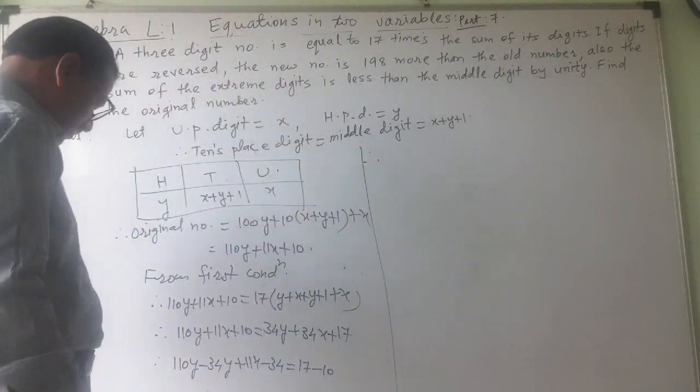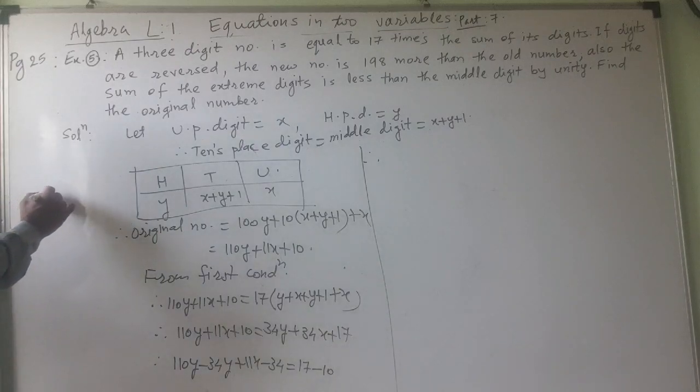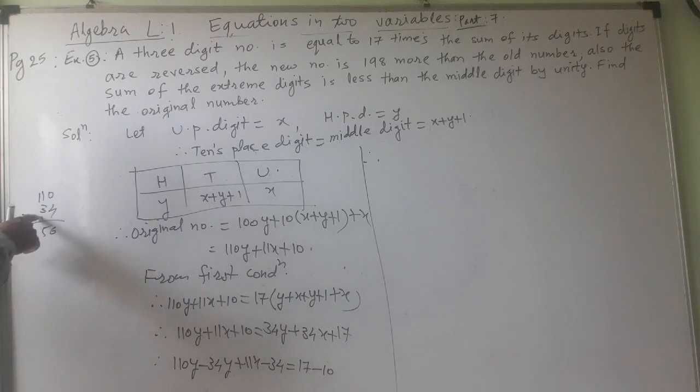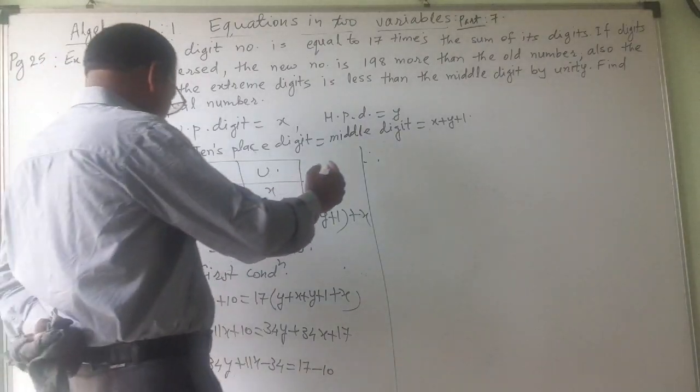Therefore, 110 minus 34, 110 minus 34. This is 6, 1. 11 minus 4 will be 7. So it is 76.